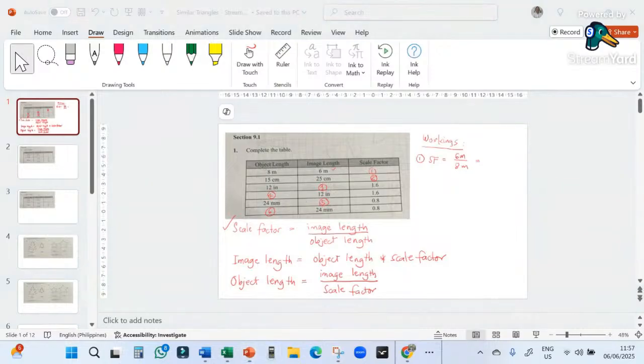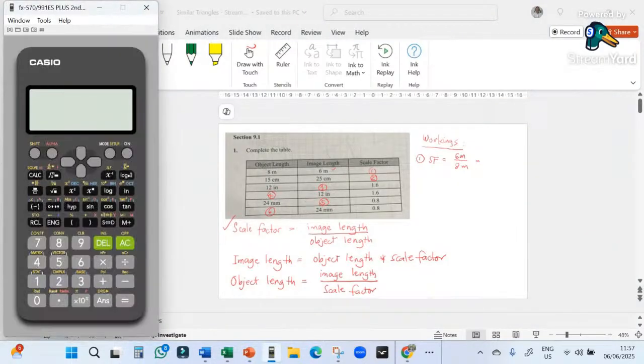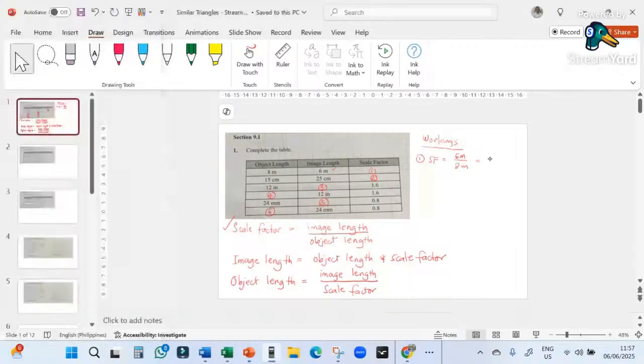So that is 6 divided by 8, 3 quarters, or that is 0.75. You can do it mentally, but I just want to be very sure. So number one's answer is 0.75.